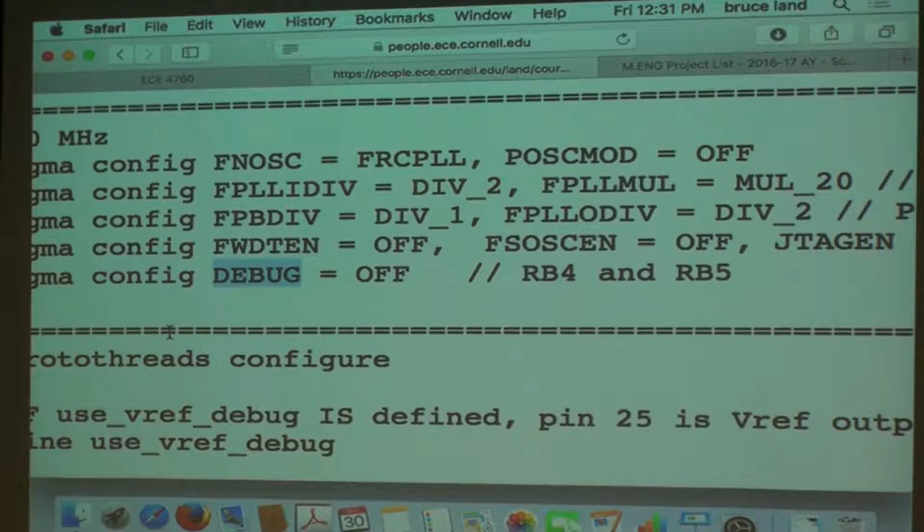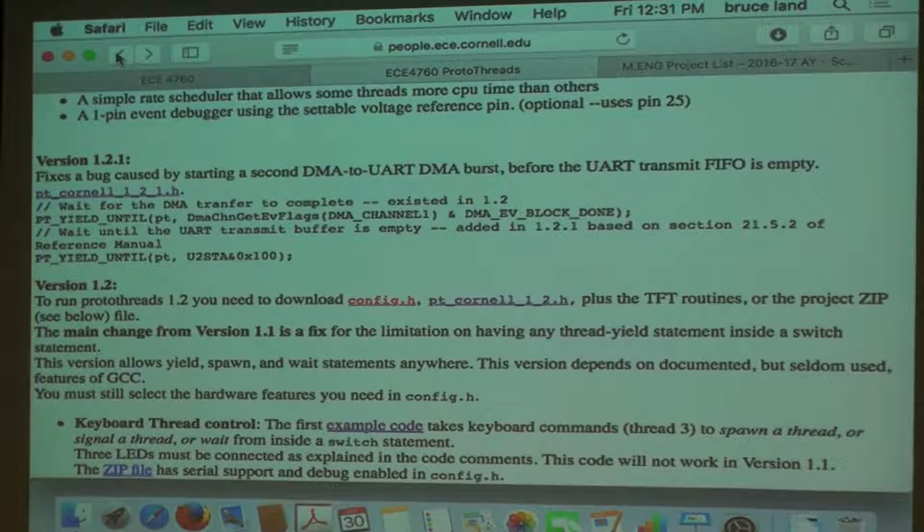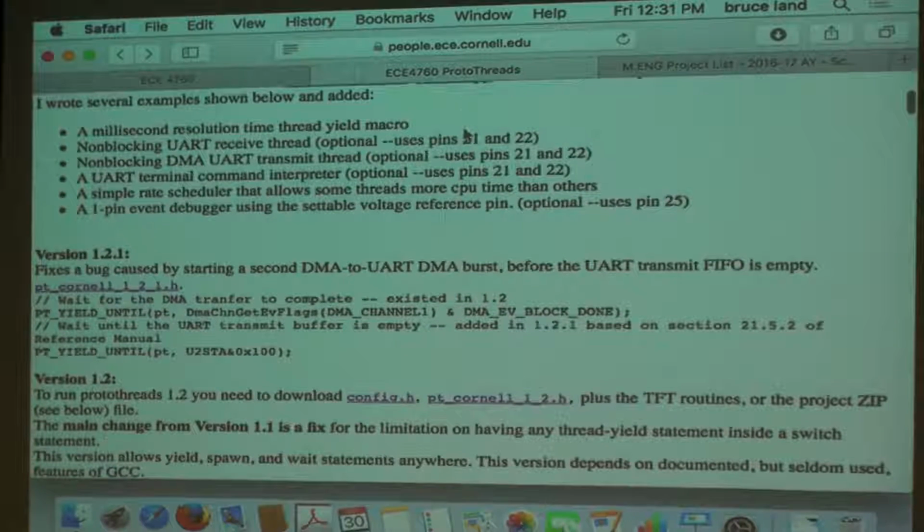The documentation for lab 2 tells you to add it, but I decided I shouldn't just leave it with the optional documentation, but just should hard code it in. So that's now hard coded in to the version 1.2 config.h.